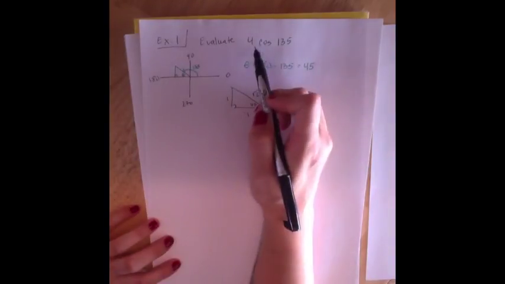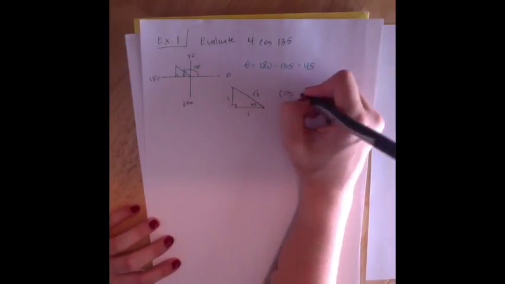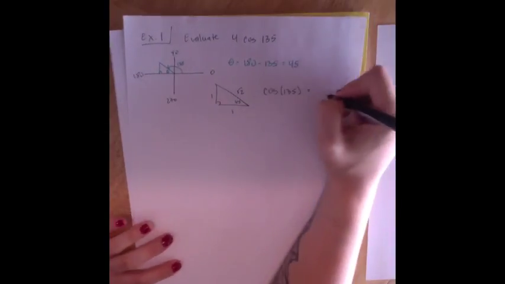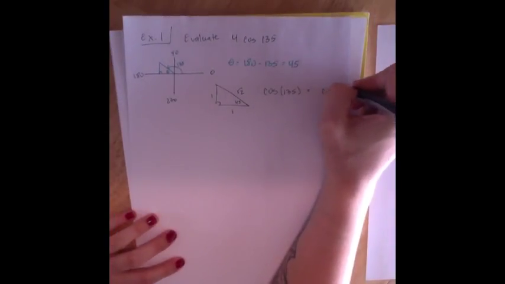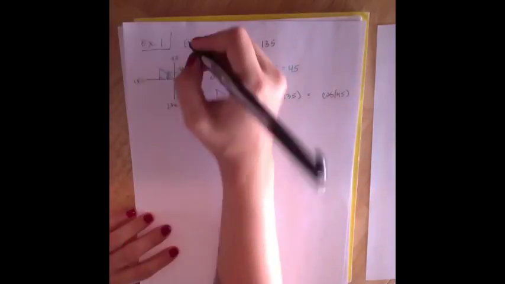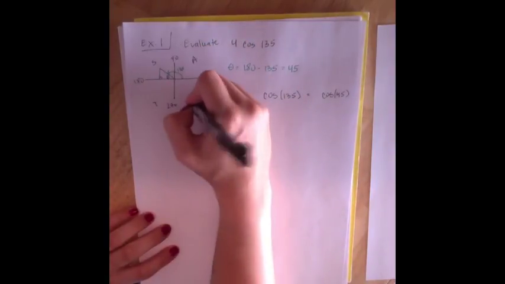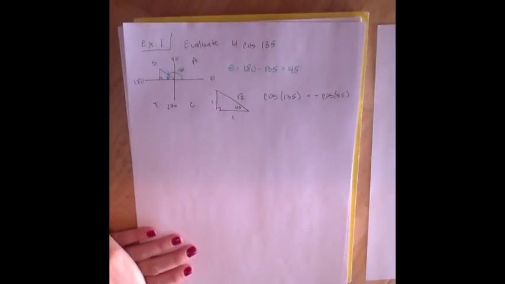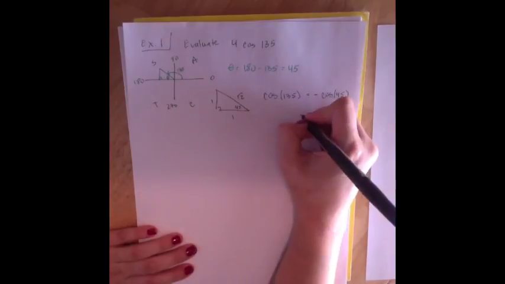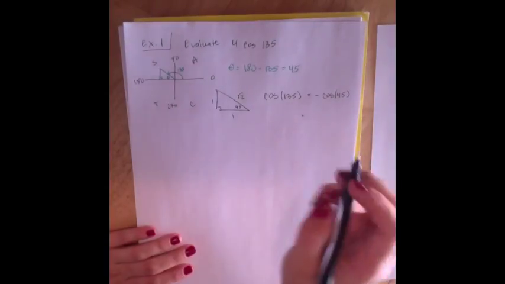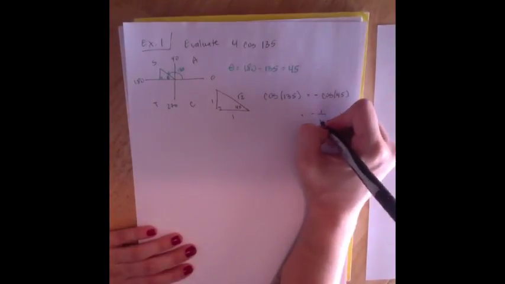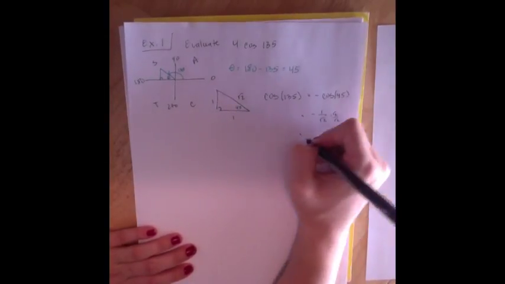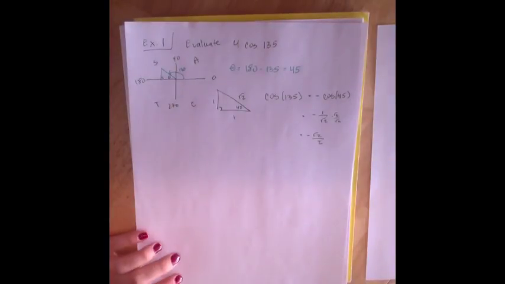And so I know that the cosine of 135 is similar to the cosine of 45, except that all students take calculus. In the second quadrant, cosine is negative. So the cosine of 45 is adjacent over hypotenuse, so this gives me negative 1 over root 2, which if I rationalize the denominator, I have negative root 2 over 2.